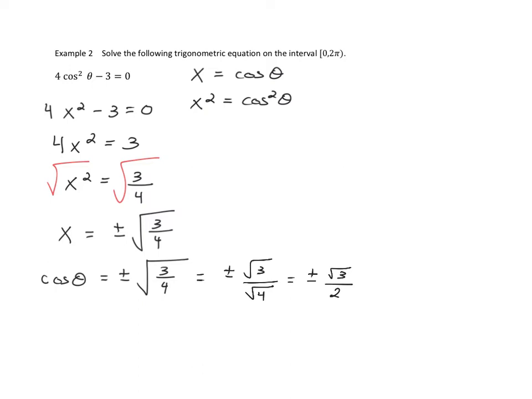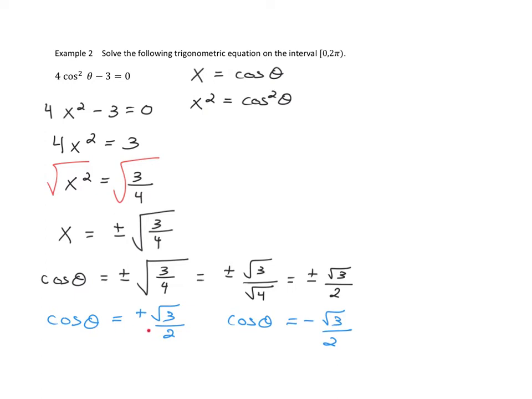So the equation I'm looking to solve here is when is cosine of theta equal to the positive square root of 3 over 2? And when is it equal to the negative square root of 3 over 2? So I had to change it a little bit so it looked like something more familiar, something that we know about sines and cosines.